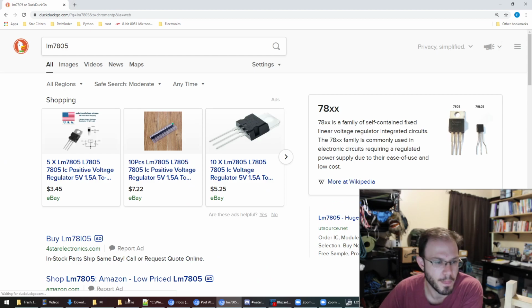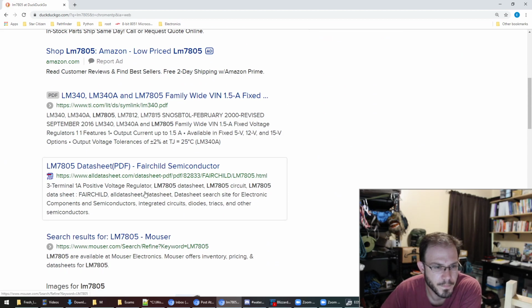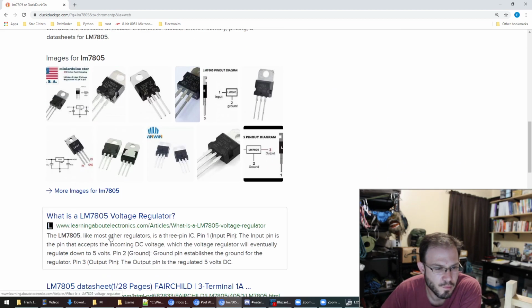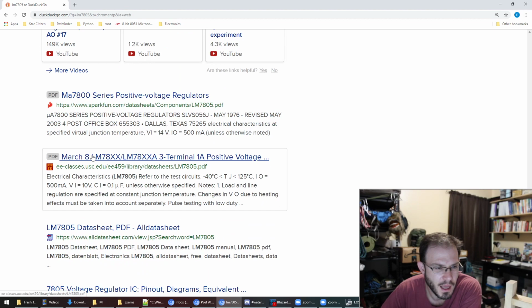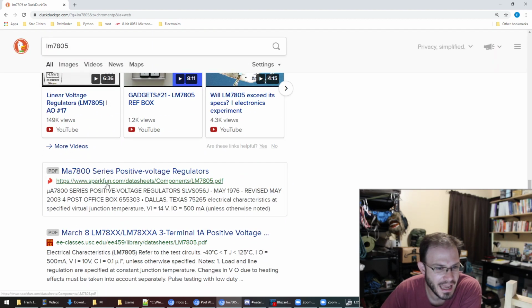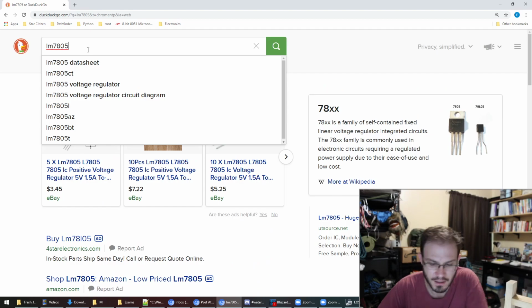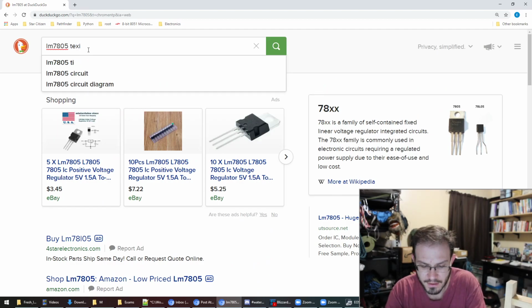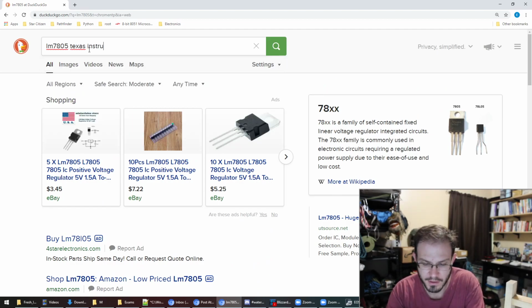LM7805. I want the original TI datasheet, Texas Instruments.